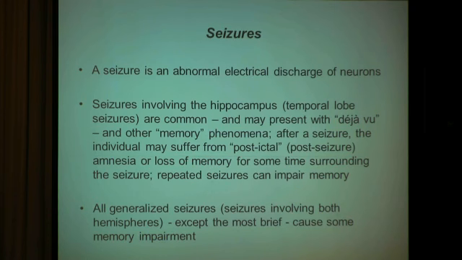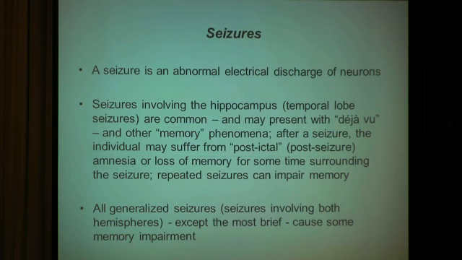So it can't process things normally, okay? Repeated seizures can impair memory. So people who have repeated temporal lobe seizures that are not controlled do in fact show memory loss on tests of memory ability.